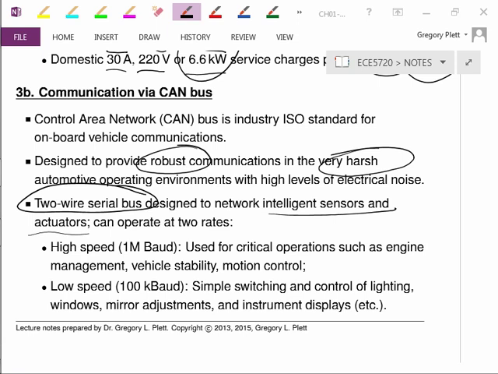And those are used for critical operations like engine management and stability control and anti-lock brakes and all that kind of stuff, motion control. And then there's a lower speed, lower priority operational mode for about 100 kilobaud for simple switching and control of lighting, so turning lights on and off, putting power doors on and off, and windows and mirrors and instrument displays and things like this.